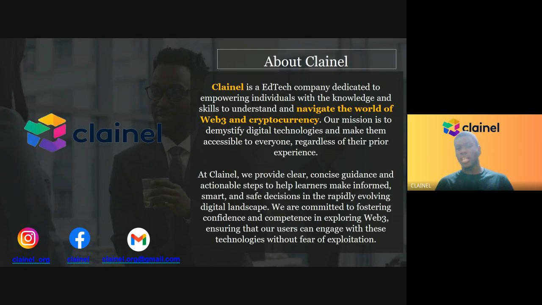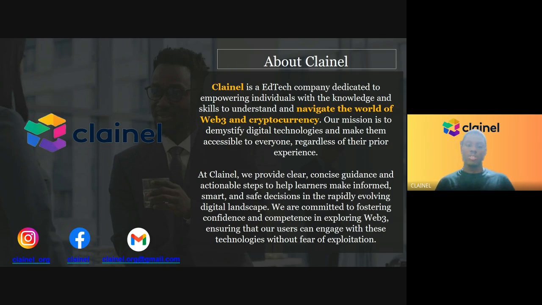We want to make sure your Web3 and cryptocurrency journey is very easy and simplified. We're here to teach you the step-by-step processes you need to know during your Web3 and cryptocurrency journey. Probably everybody here has heard about cryptocurrency, Web3 or even forex trading, but may be confused or not know how to navigate it or what to do.